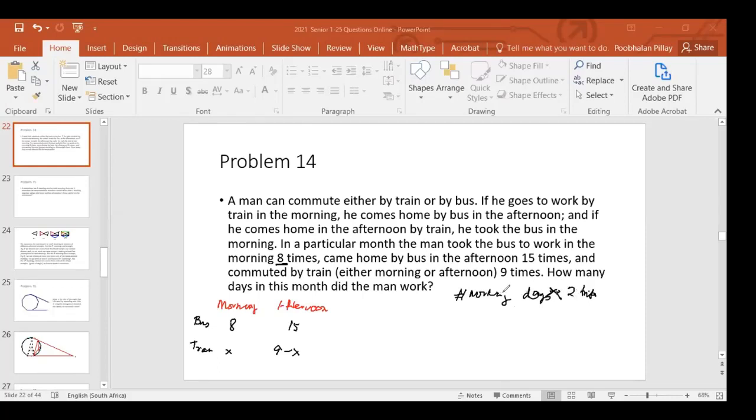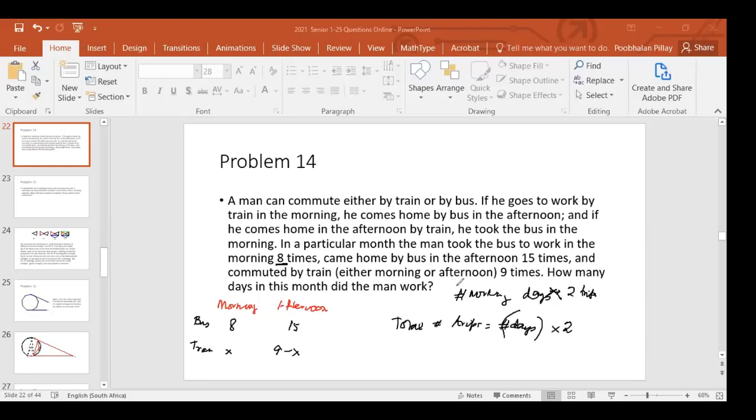So the number of working days times 2 gives you the total number of trips. The total number of trips is equal to the number of working days multiplied by 2.